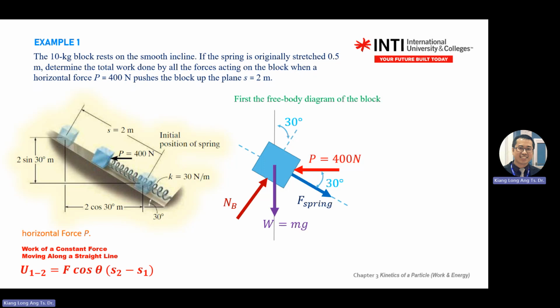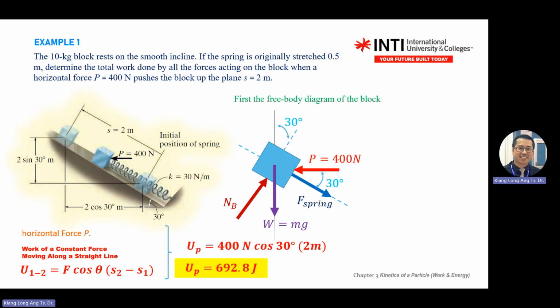There's one set of work done by the P. There's one set of work done by the spring. There's one set of work done by the gravity, W. Normal does not do work. Normal does not do work because F cos 90 is 0.